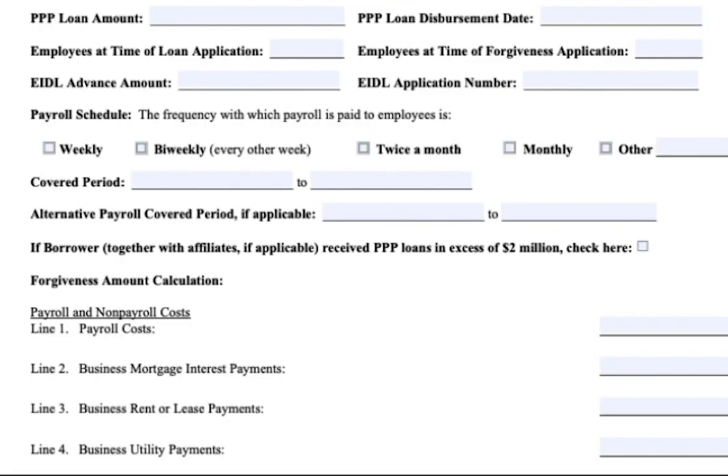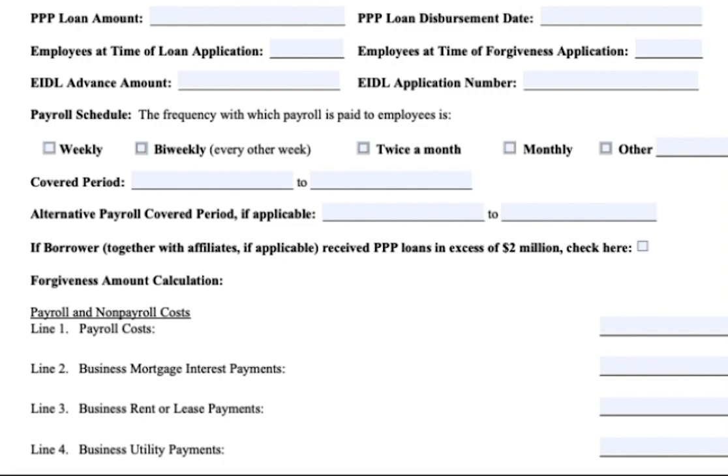So the SBA loan number is different from the lender's loan number, okay? The next field is the PPP loan amount. The PPP loan amount is just that money that you received from the bank, the actual loan amount, okay?